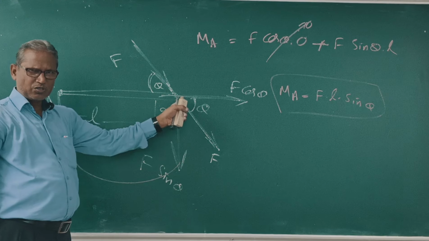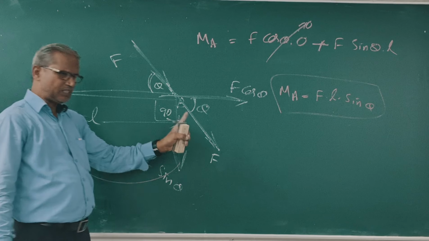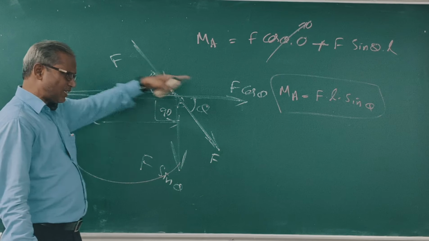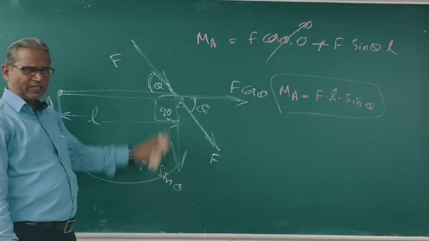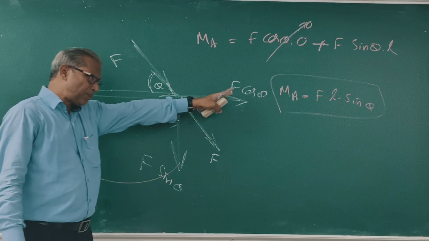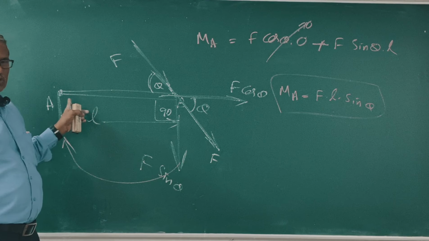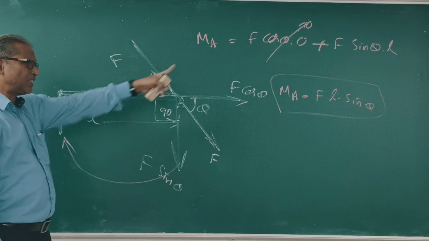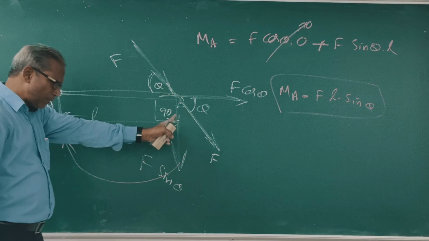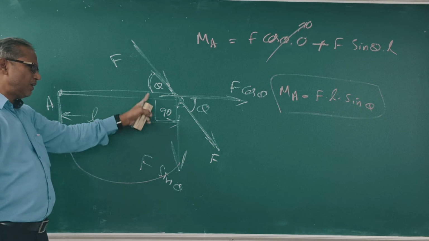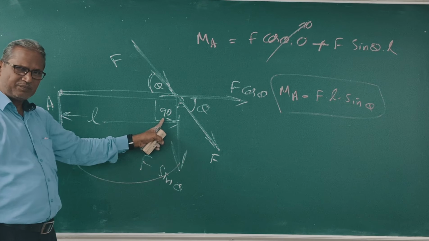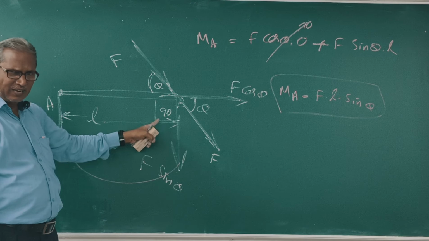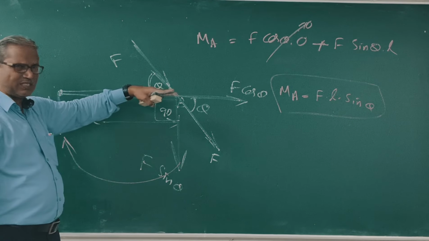F is an inclined force. We resolve this F along the x-axis and along the y-axis. Along the x-axis, F cos theta. Along the y-axis, F sin theta. That F cos theta passes through point A. So what is the moment of F cos theta? 0, because the distance is 0. The line of action of F sin theta makes 90 degrees with the axis AB.